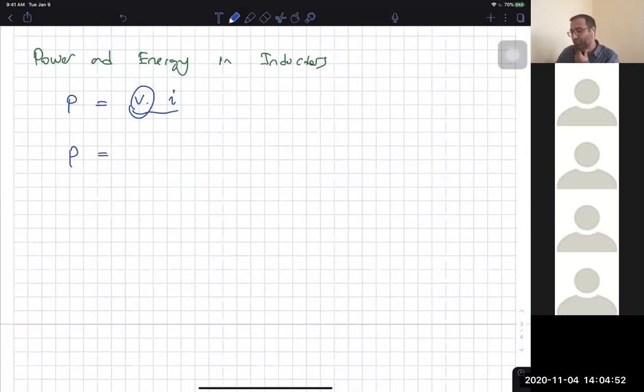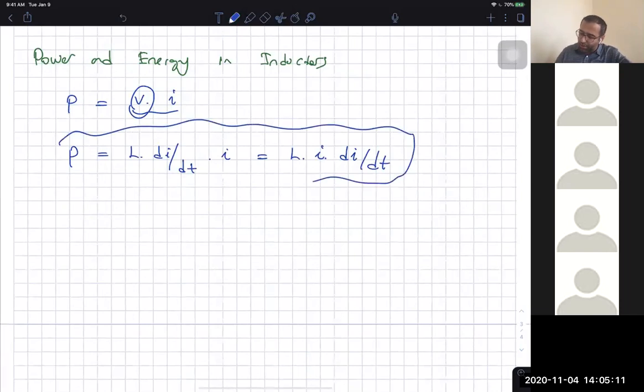How can I represent voltage in terms of current? I can just say this is L times di over dt, right? So in this case, to simplify, power is L times i times di over dt. So I can say this is also a power equation for an inductor.